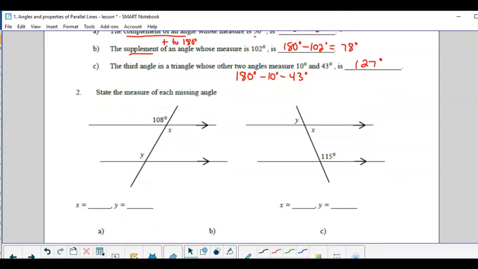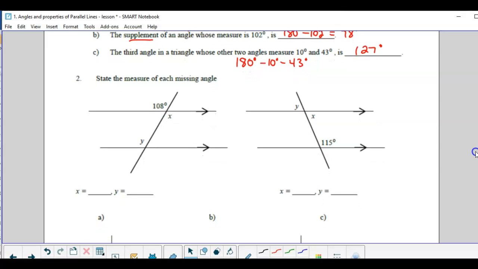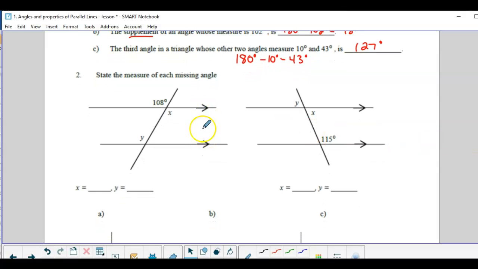Okay, and then now, again, finding the missing angle, just like we did before. We've got parallel lines here, and so these are opposite. Here, this one is equal to this one because they are corresponding angles. Or you could say these are alternate interior angles. They're still equal. Then here, this one, you might find x. These add to 180.